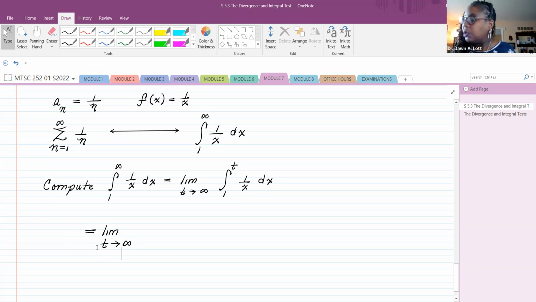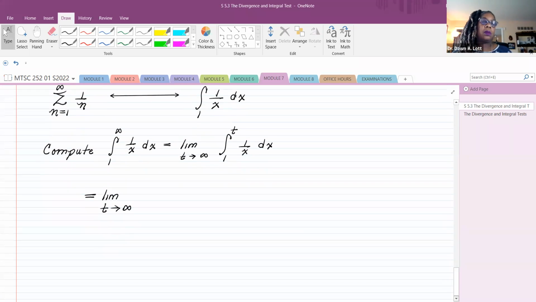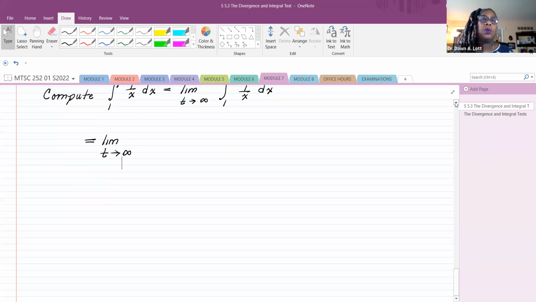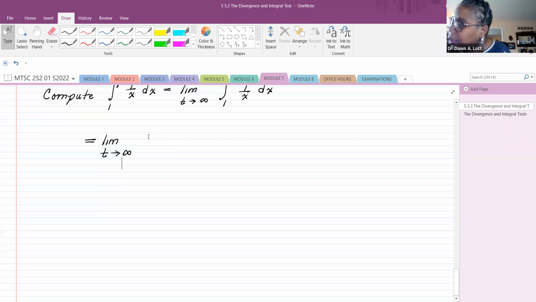What is the integral of 1 over x? Natural log, thank you. Natural log of the absolute value of x, evaluated from 1 to t.